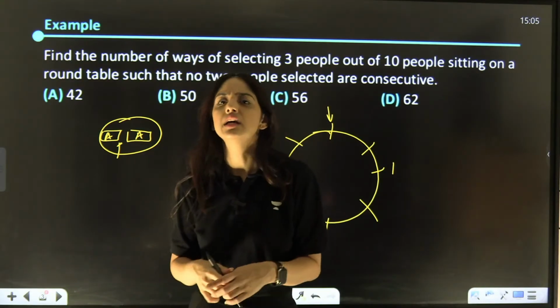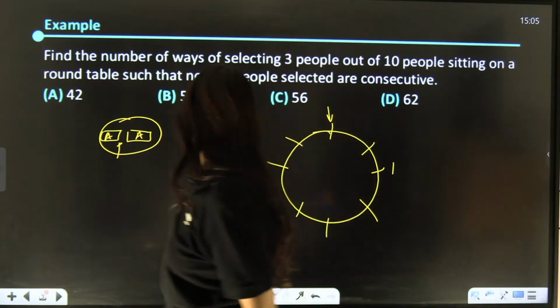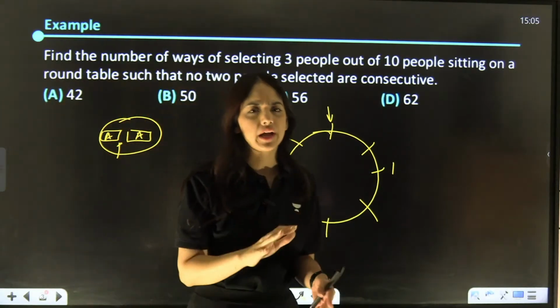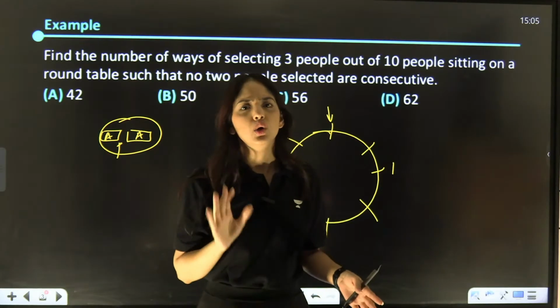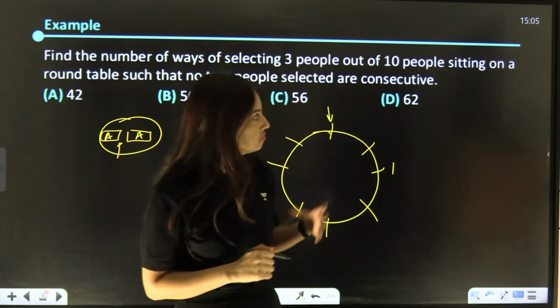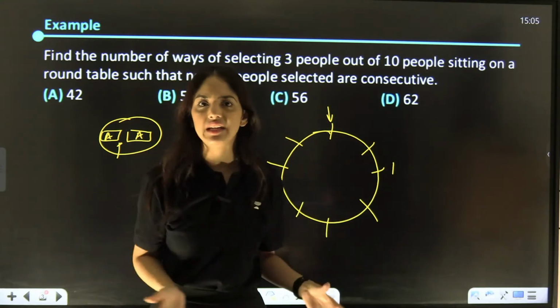So basically, what do we not want here? We do not want to select consecutive people. So we are going to check how many ways are there to select consecutive people, and then we can just remove those cases from the entire set.